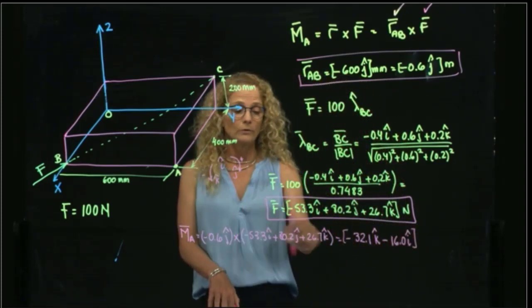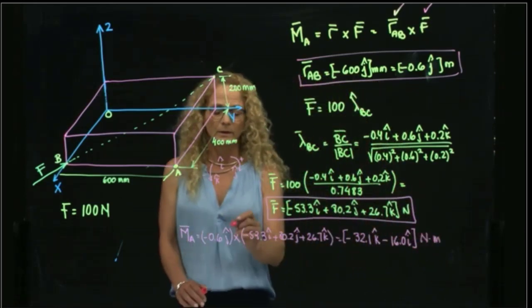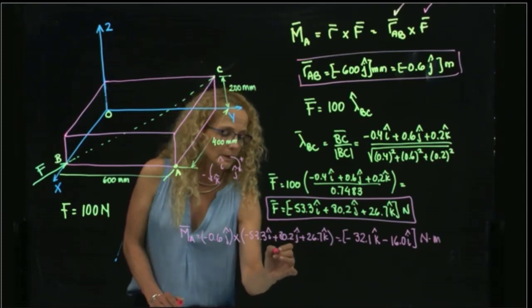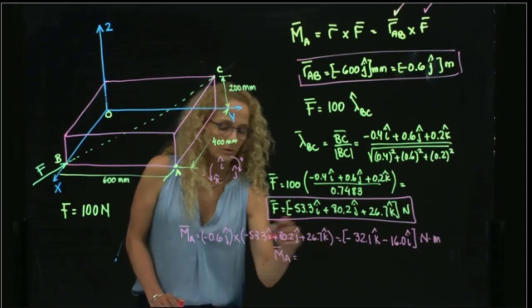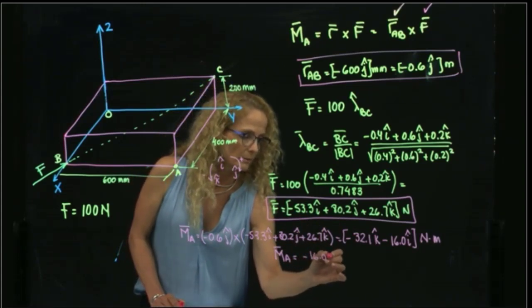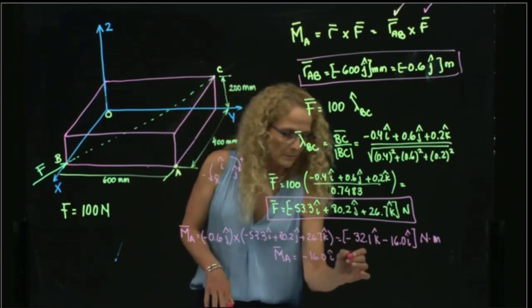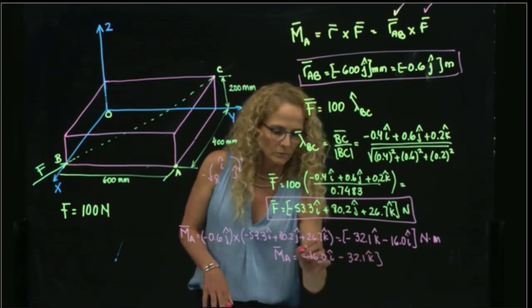The units of this moment are newton meters. I always write it in a different box so that we get the result. I write it in order: minus 32.1 in K newton meters.